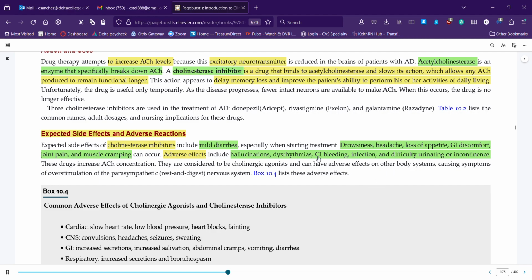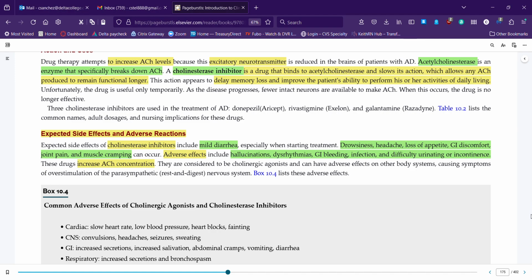So all these drugs, this category of cholinesterase drugs, are going to increase the acetylcholine concentration. So remember, what the drug is doing is it's blocking the acetylcholine from being broken down.